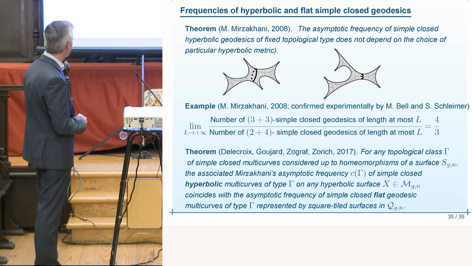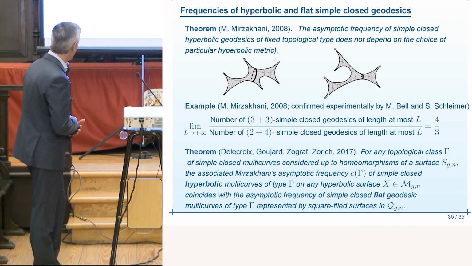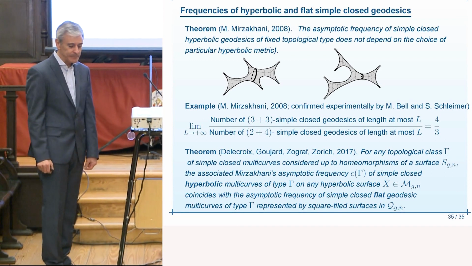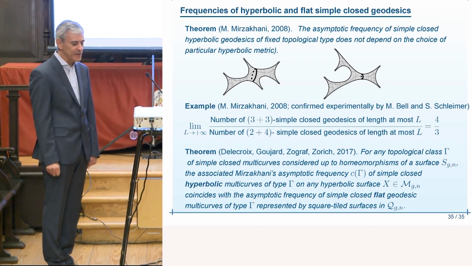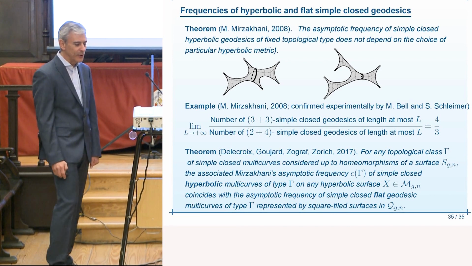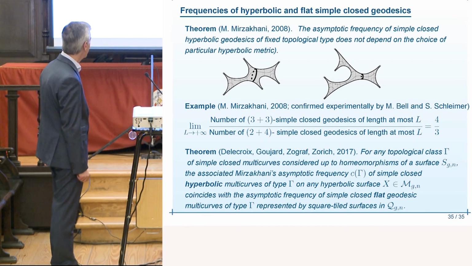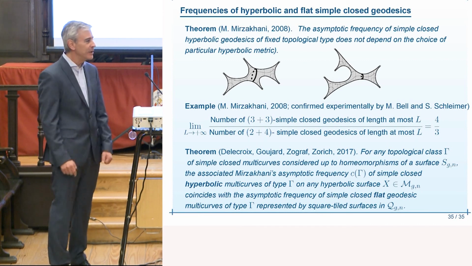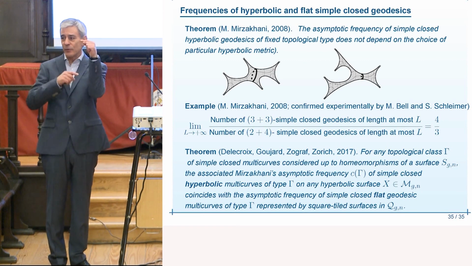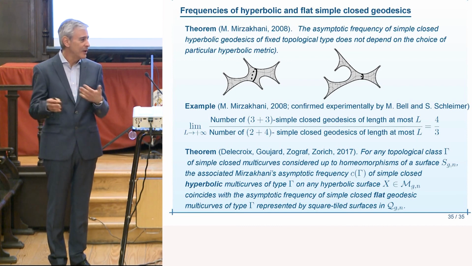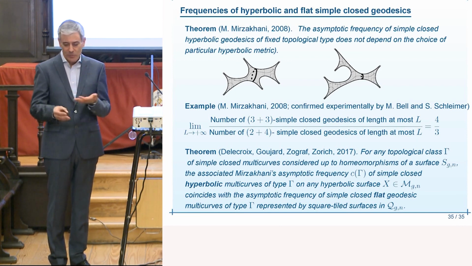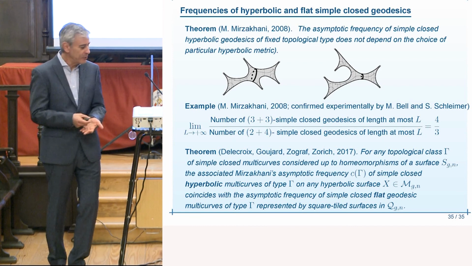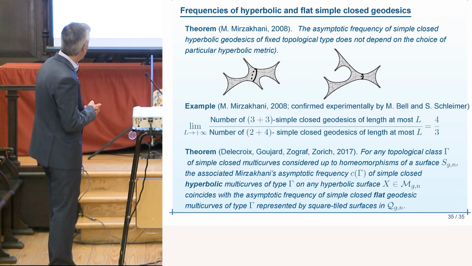So you impose this multi-curve gamma, and you count how many square-tiled surfaces of bounded length which correspond to this multi-curve you can find, meaning that you impose the heights of your horizontal cylinders and the topology of the decomposition into cylinders, and you get exactly the same proportions.